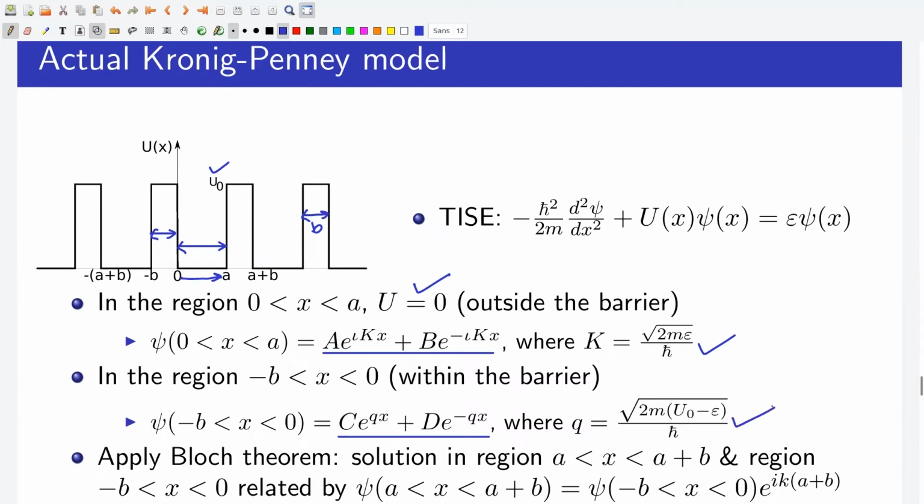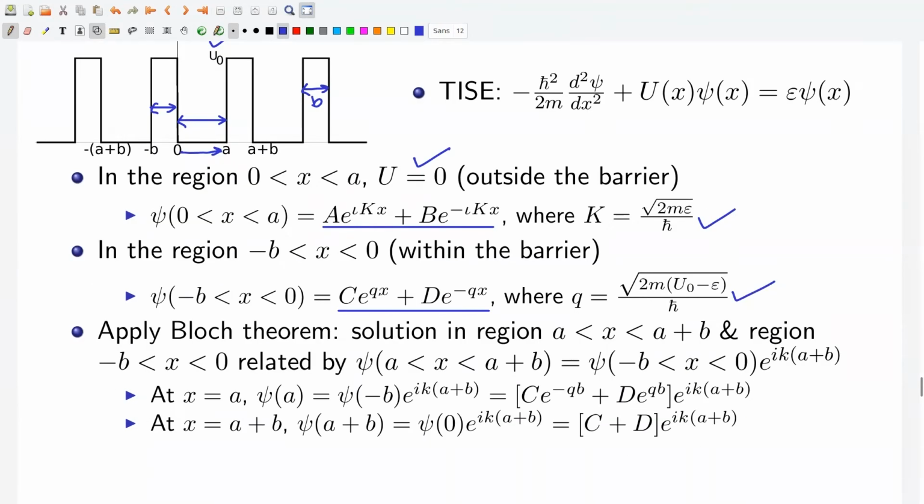So far, this looks exactly like what we did for the tunneling problem. Now, because of the periodicity of the potential, we can apply Bloch theorem. For example, consider the solution in the region between a and a plus b, that is this region.